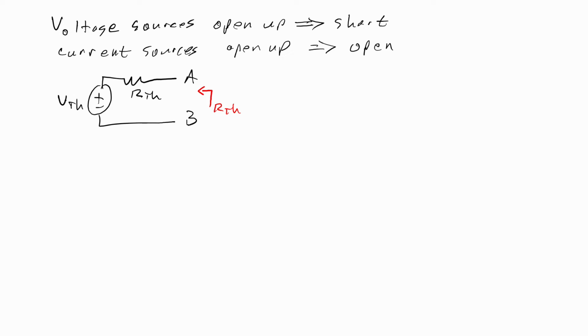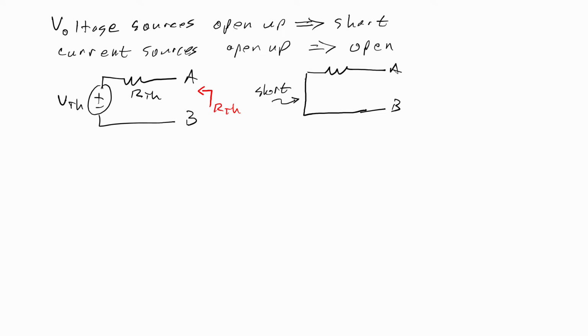So to open that up, we would turn this voltage source into a short, so we just make it a short circuit. The best thing to do is just redraw the circuit, so redraw it as a short. There's a voltage source in there, but we're trying to find RTH between nodes A and B. That's a short.